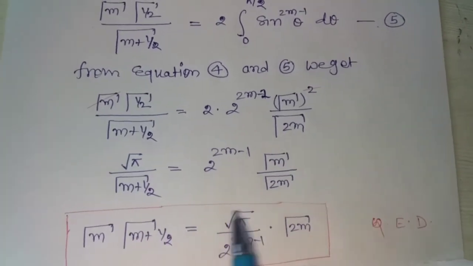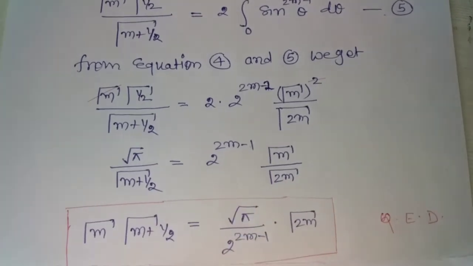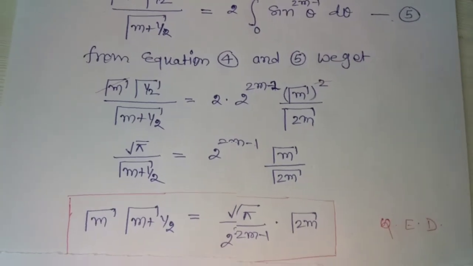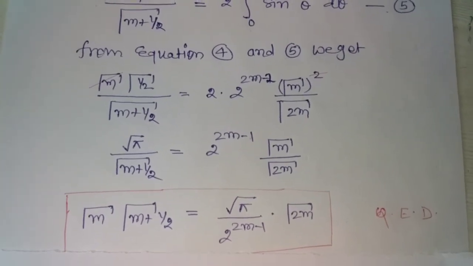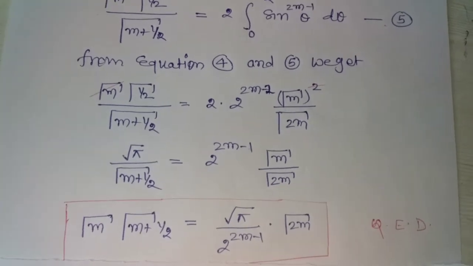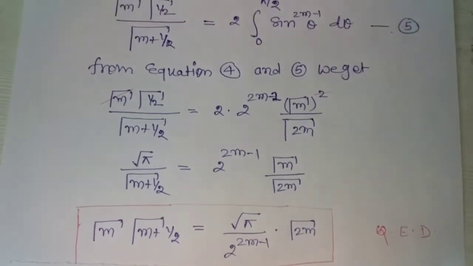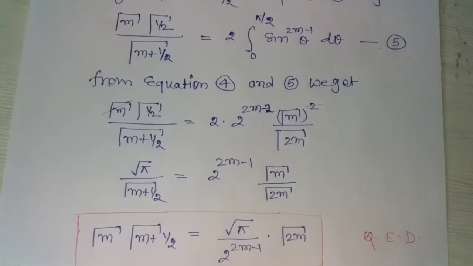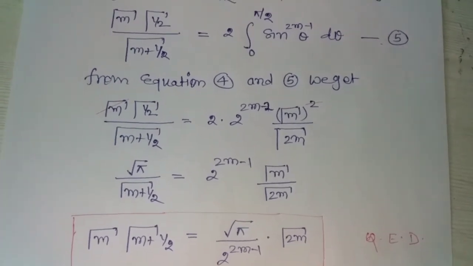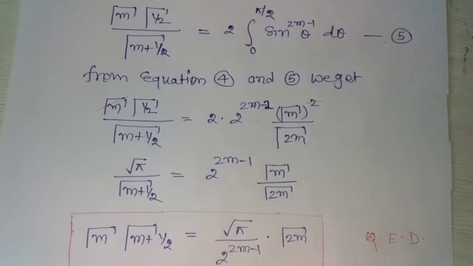So simply cross multiplying this expression, we get the Legendre's duplication formula. So this is how we establish the Legendre duplication formula. We start by using two properties of beta function. One is the relation between beta and gamma function, and another is the trigonometric form of beta function.